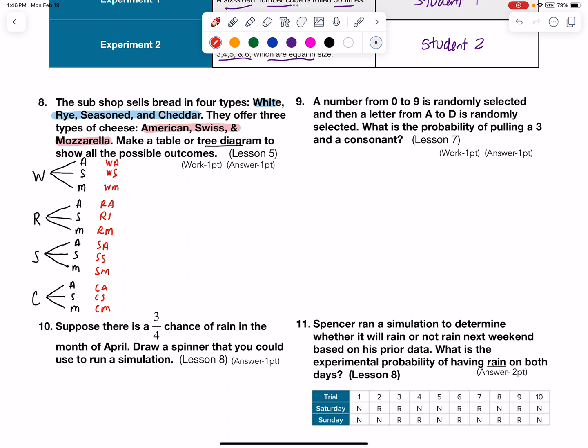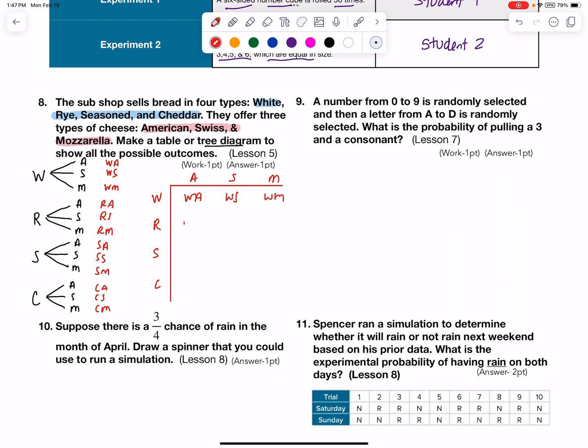If you were to do a table, okay, it would look like this, and it would go across this way, okay, and you would list white, rye, seasoned, cheddar, and you would list American, Swiss, mozzarella, and then you would fill out the inside, WA, WS, WM.